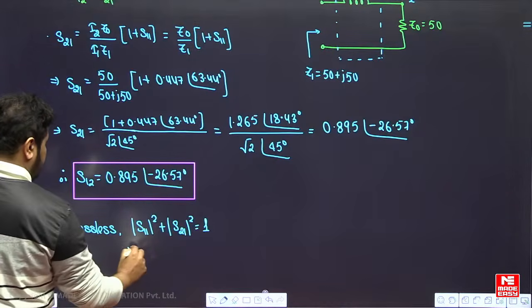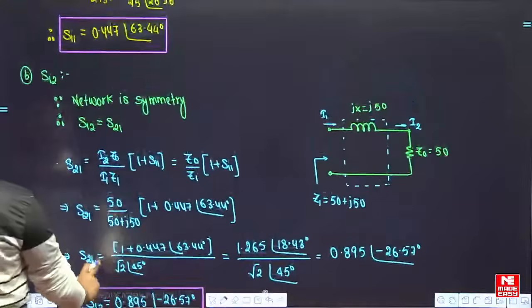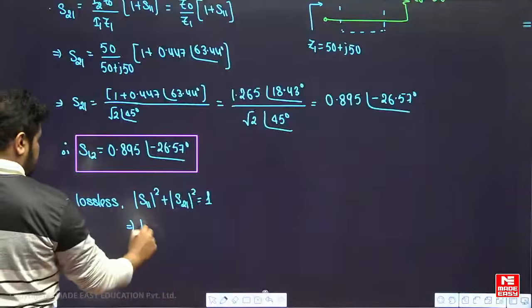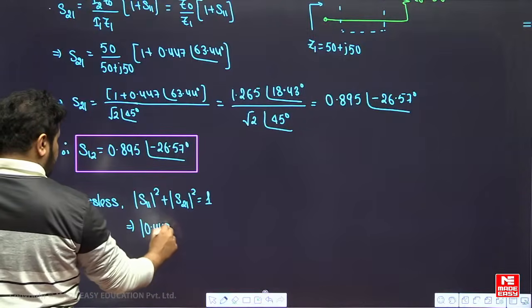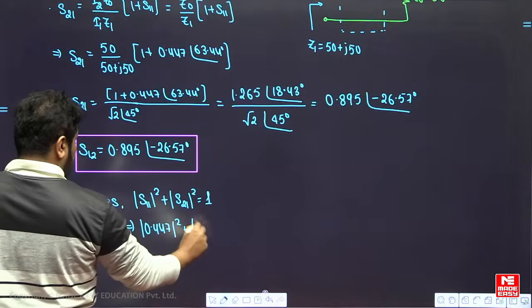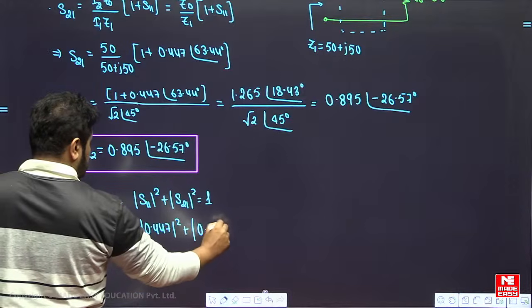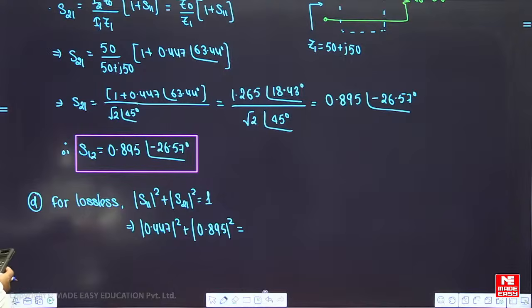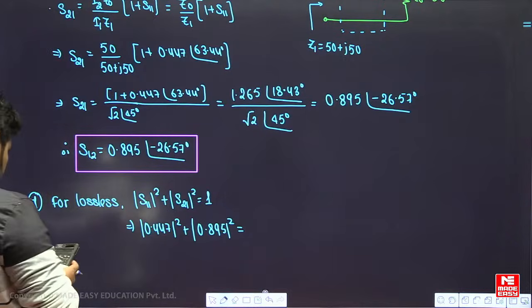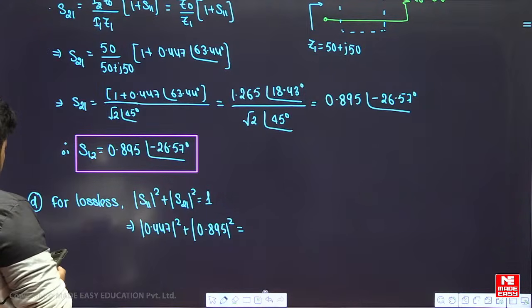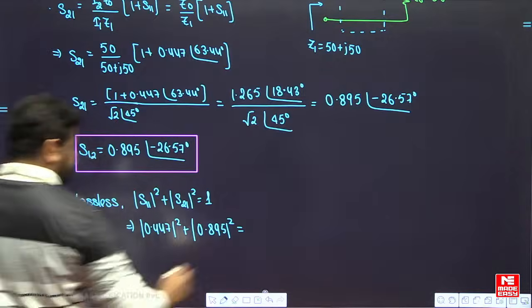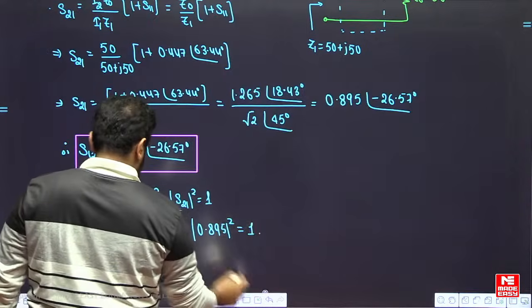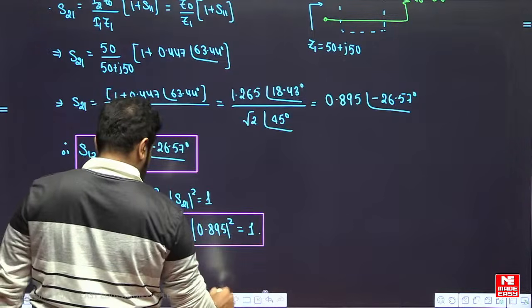So, S11 mod is how much? 0.447. 0.447 whole square plus 0.895 whole square. Let us see how much it is coming. It is coming 1. So, it is lossless.